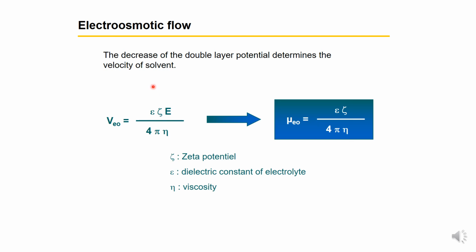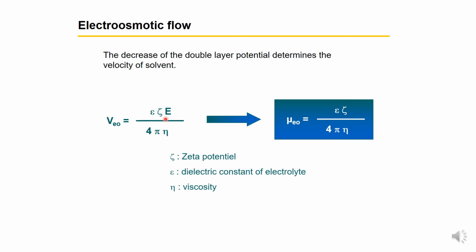the decrease of the double layer potential determines the velocity of the solvent, and then of course the electroosmotic mobility. The velocity depends on this ratio, the dielectric constant of the electrolyte, and of course the zeta potential, which is the potential which represents the net charge of the surface.